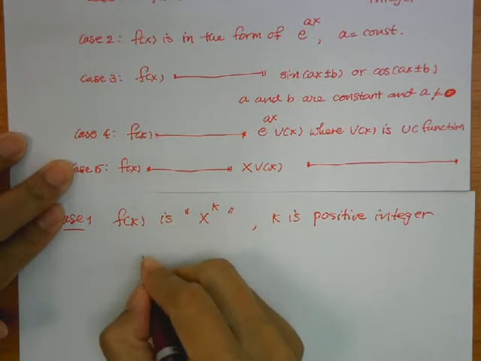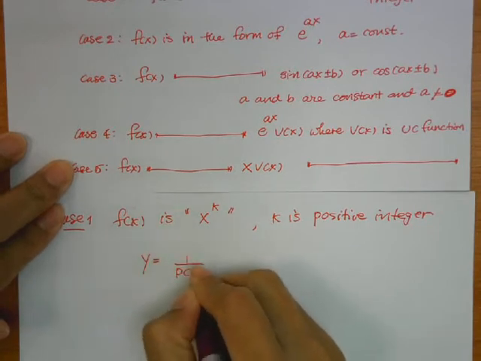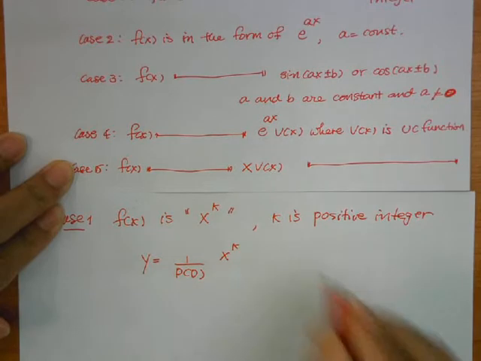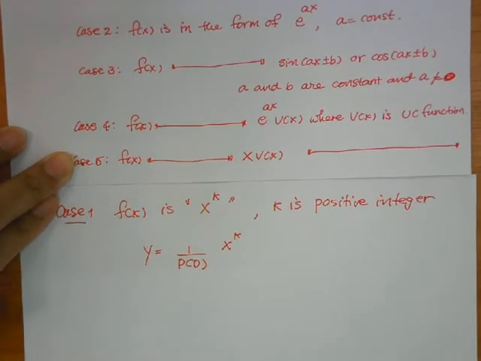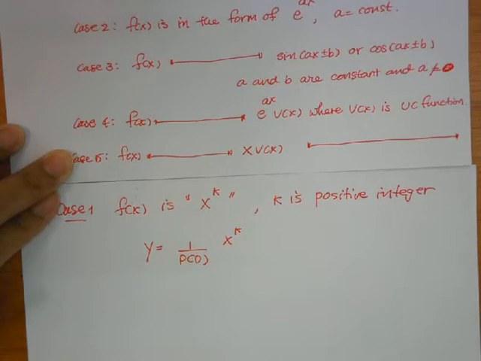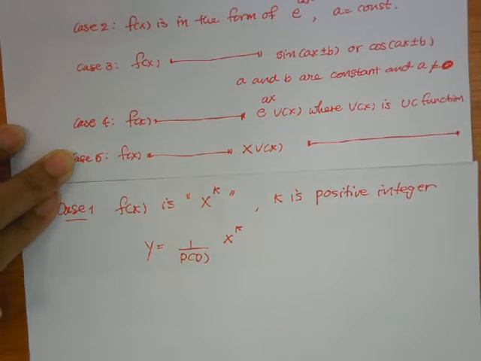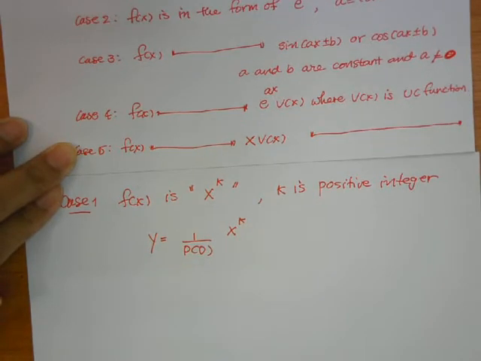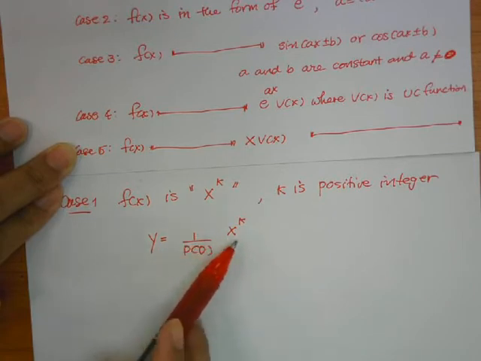Like I said, this one is still inside the topic of finding yp by using operator D. So when you have your differential equation, you write it down in terms of operator D. And then at the end, you would get that your yp is equal to 1 over P(D) times x to the power k.